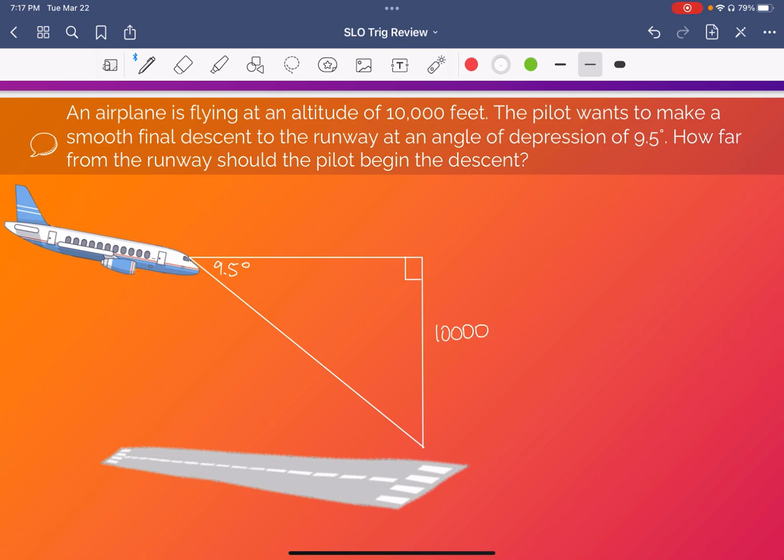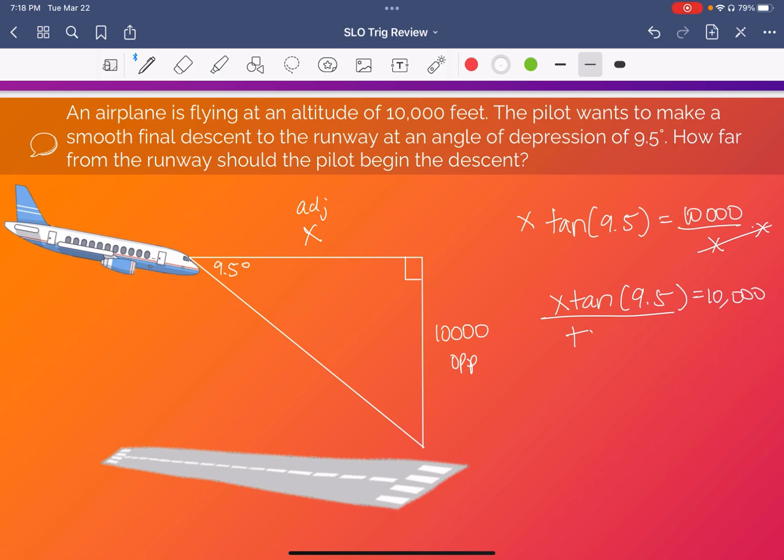And we're trying to figure out how far from the runway should the pilot descend. So from the runway would be the horizontal distance. So we're going to put an X there. So I have my opposite and my adjacent, so we will be using tangent again. We've been using tangent a lot. So we got 10,000 over x multiplied by x, always multiplied by the denominator, like I've said a few times already.